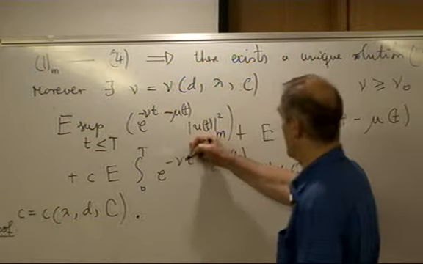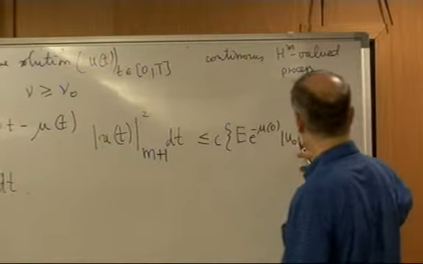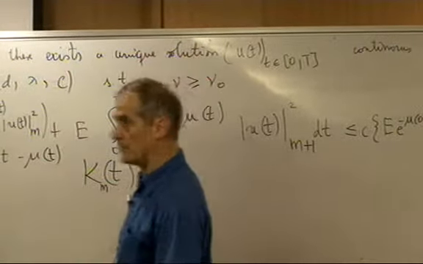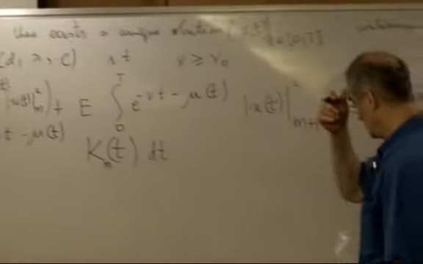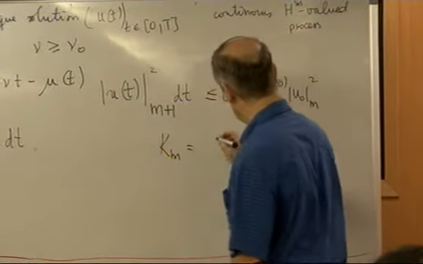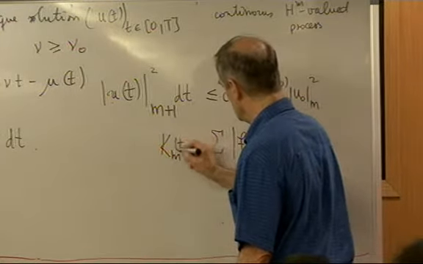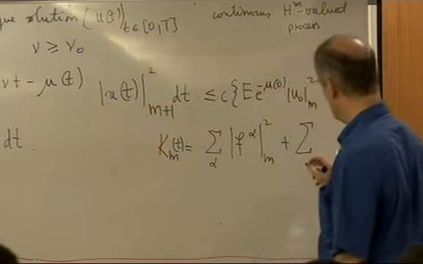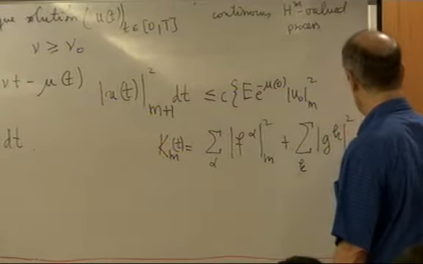Then here the H^m norm should also include the H^{m+1} norm, and then K_t is now with an m, where K_t^m is defined as the sum of the f_alpha squared in the m norm, plus the sum over k of g_k squared in the m norm.